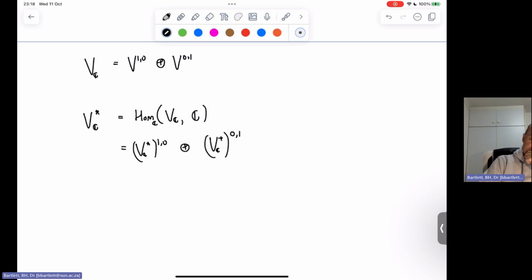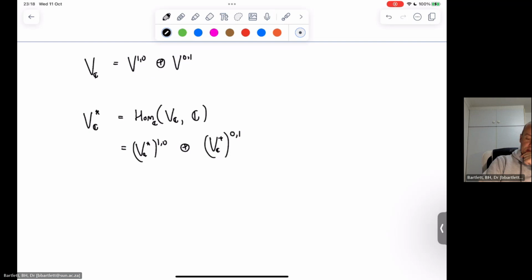And this one is simply the dual of this subspace, and this one is simply the dual of this subspace. But as maps from the big space, these are just the maps which are 0 on that component, and these are just the maps which are 0 on that component.